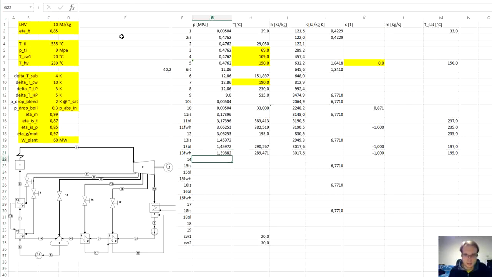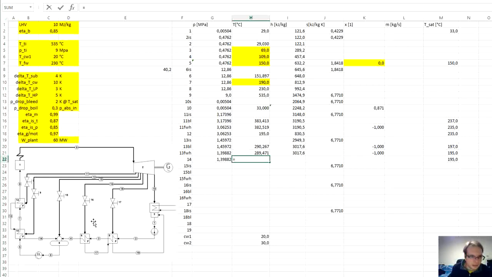And the point number 14, it's at the same pressure as 13 feedwater heater, meaning saturated temperature is still the same, but actual temperature will again follow the QT diagram that we want.